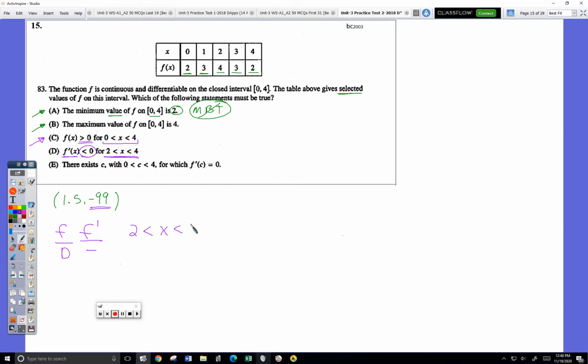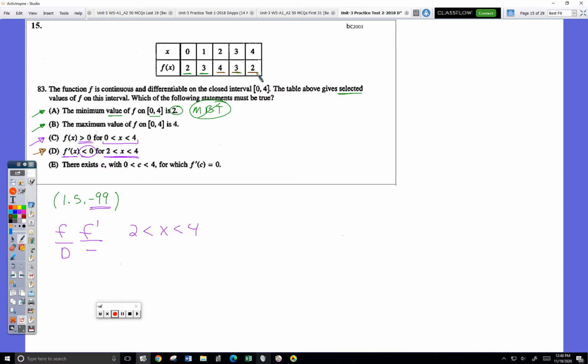Someone want to comment on that? Again, there's only selected values. So if you just take 2, 3, and 4, yes, it looks like it's doing that, because f of x goes 4, 3, 2. But 2.5 might be 5, right?